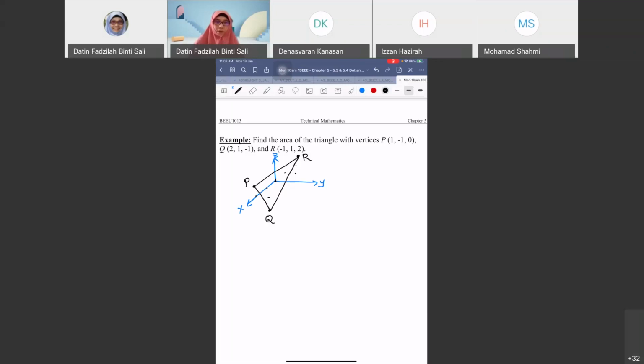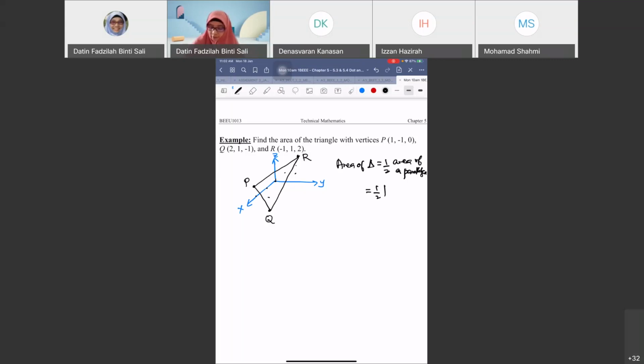Just now, you know that the area of a parallelogram is the magnitude of the cross product. So the area of a triangle will be half of the area of a parallelogram, which means half times the magnitude of a cross product.